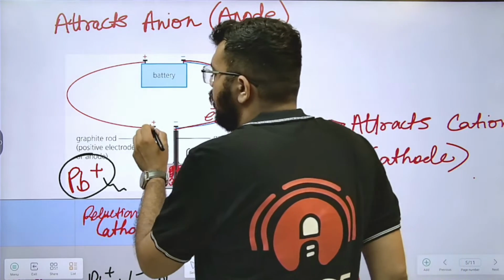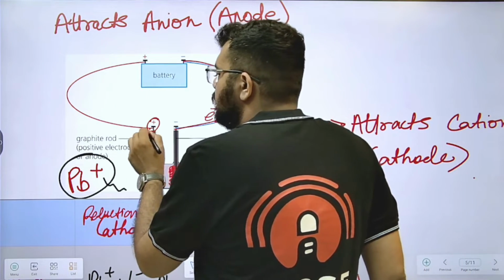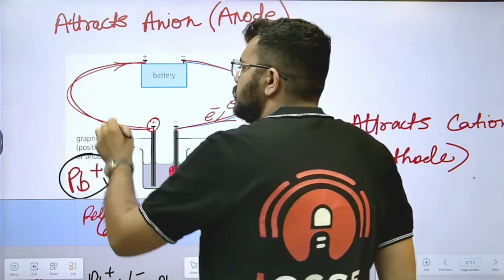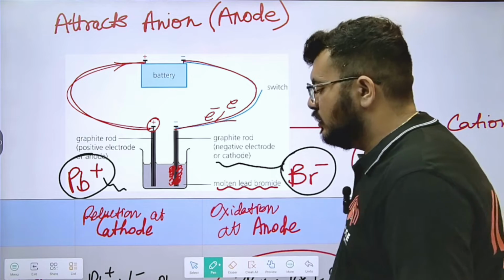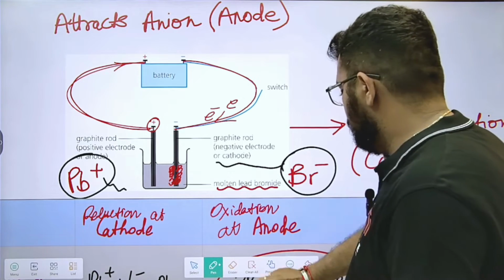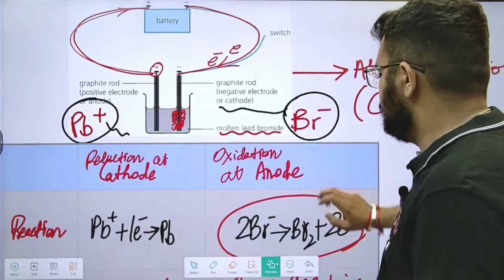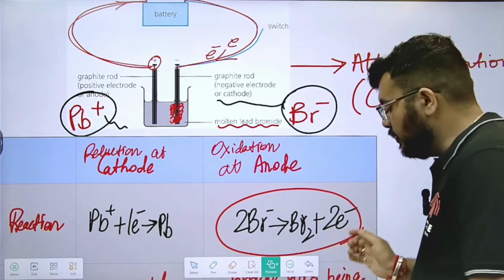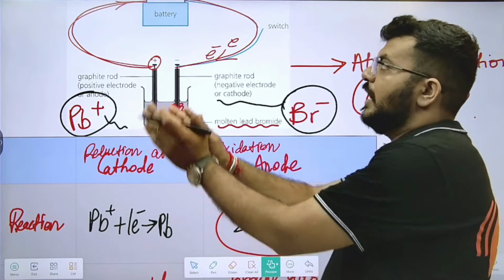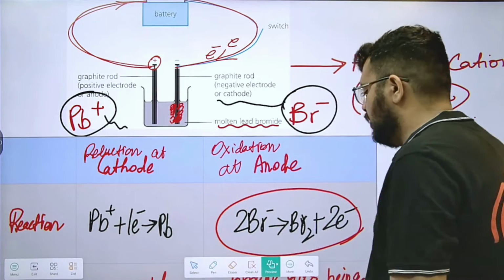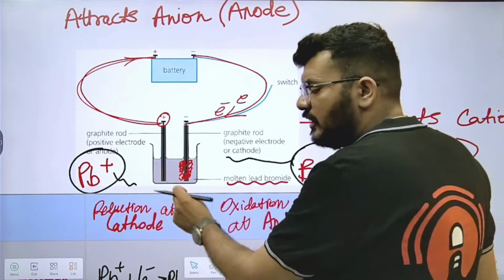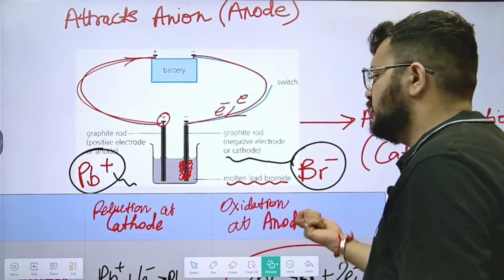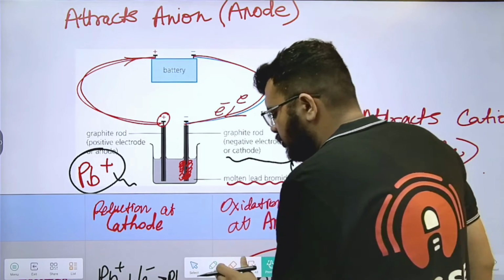But I told you that electrons go from the positive electrode to the positive terminal, the positive pole of the battery. So from where does this electron come? This is where that electron is coming from. This electron goes back into the battery. Reduction at cathode, always true. Oxidation at anode, always true.